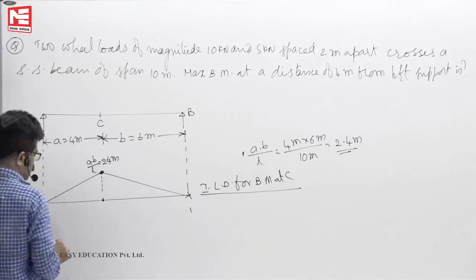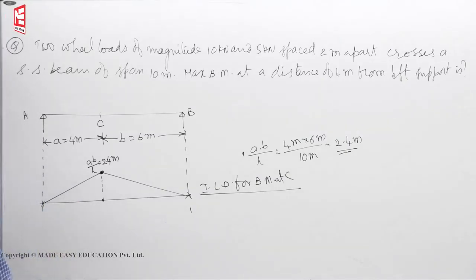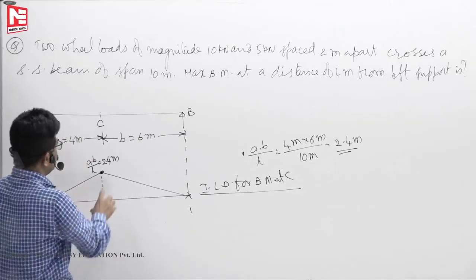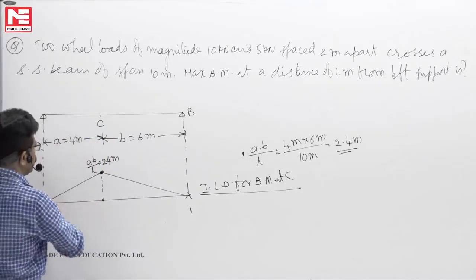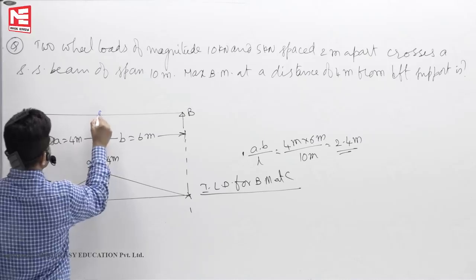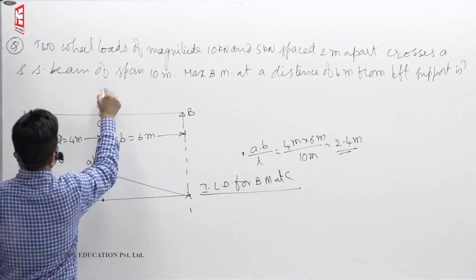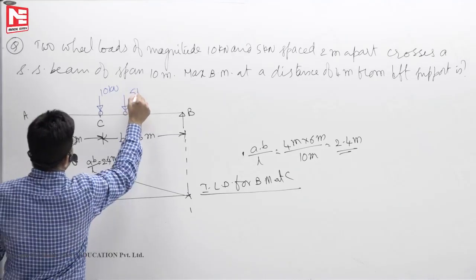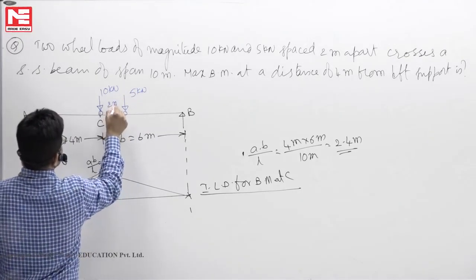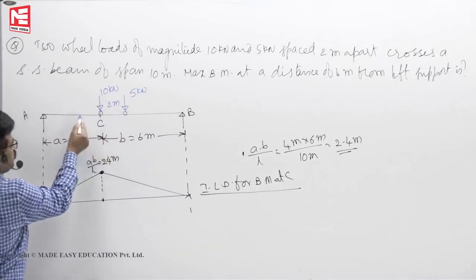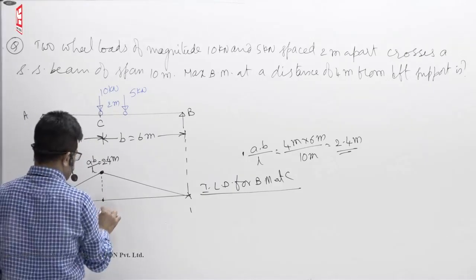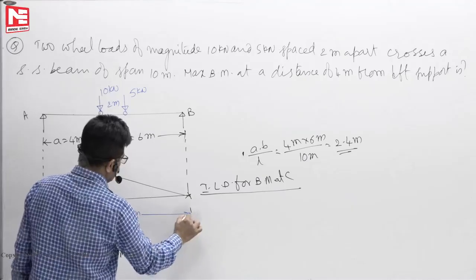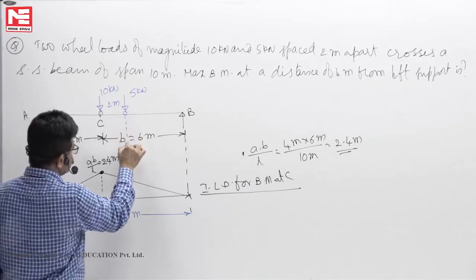So now we have two loads, 10 kilonewton and 5 kilonewton. Greater load at greater ordinate, that means here 10 kilonewton, lesser load here, this is 5 kilonewton, spaced 2 meters apart. Why right side, why not left side? We'll see with the help of this one itself. This is 6 meters. For 6 meters, 2.4.